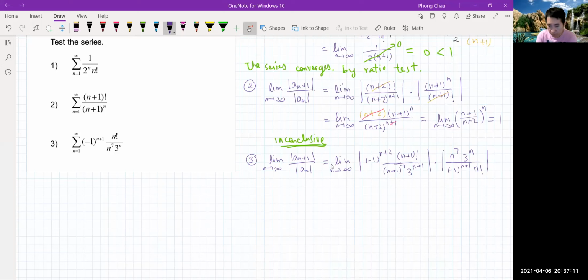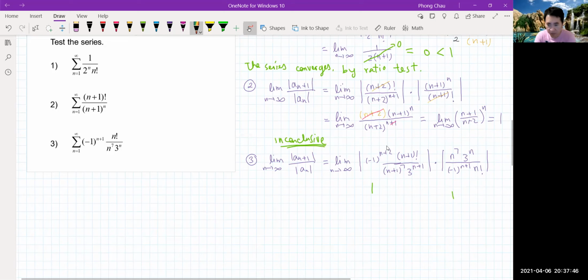Now here, if you look at the factors, here is the absolute value of negative 1, right? So these are negative 1 terms raised to a power. You take the absolute value, and this turns into a 1. Same thing, these absolute negative 1s turn into 1. And we also know the factorials can be simplified.